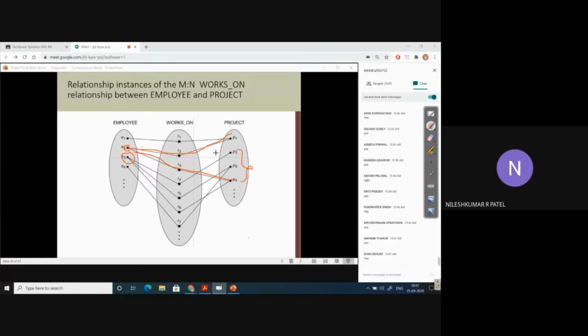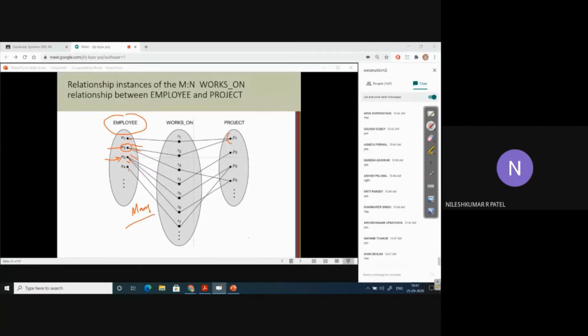That is why, for the cardinality ratio, as you can see, one bullet here has many outgoing lines, here also many outgoing lines, and here it is 1 and 1. If you find any entity on the employee side with many lines, that is a many cardinality ratio.